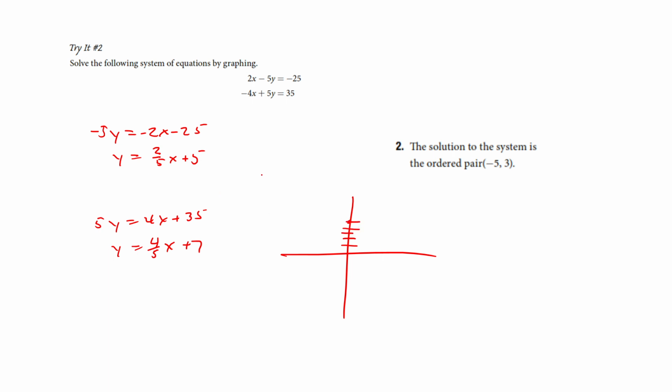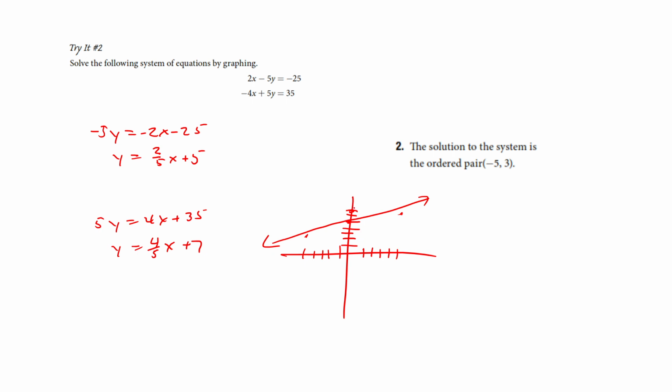Okay, so I'm doing this top one. So my intercept is 5. So 2/5. I'm going up 2 over 5. Now I could go the other way, go down 2, back 5. Okay, so I get something that looks like this. Okay, let's try it again. So this one, my intercept is 7.